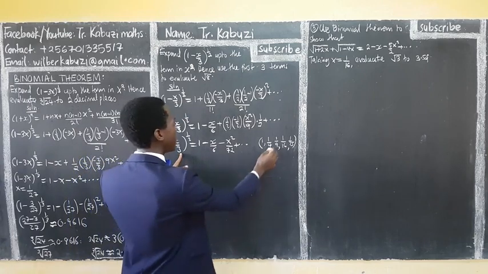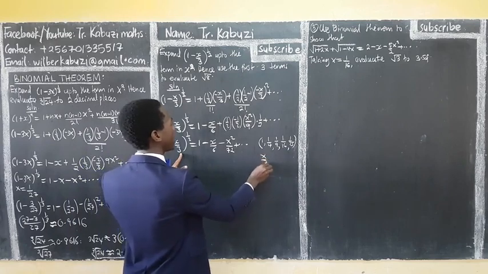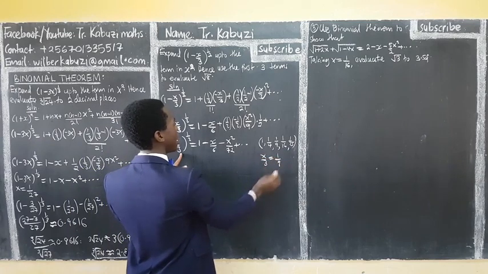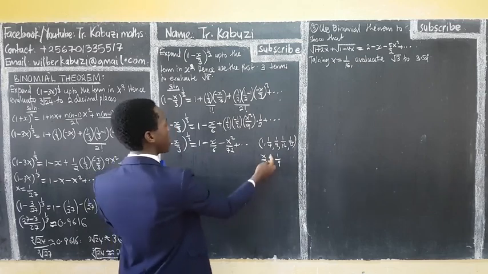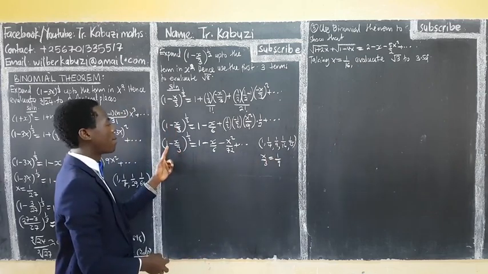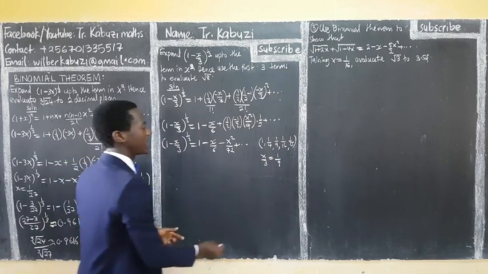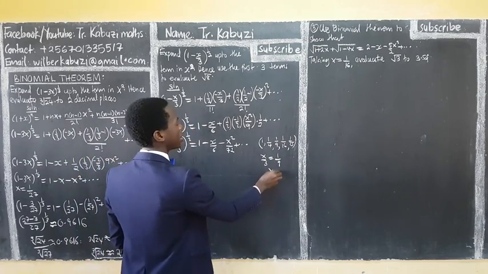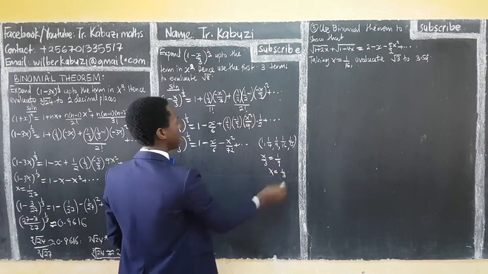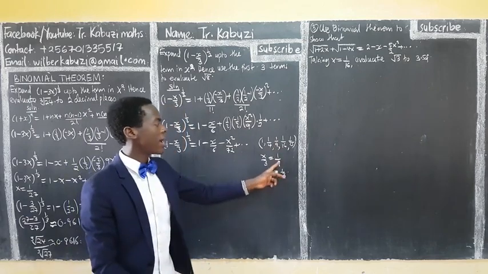So if I compare my x over 3 with 1 over 9, because if the whole of this is 1 over 9, when I cross multiply, I'll be having 9 minus 1, which will give me the 8. So you see that from here, our x should be 1 over 3. But you see that we are dealing with the square number first.